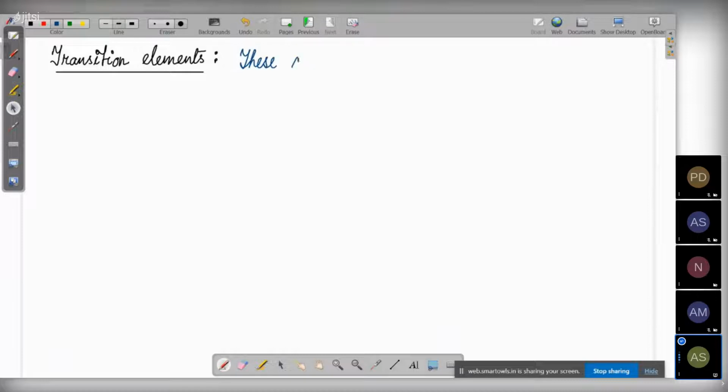So these are those elements which have vacant d orbital.